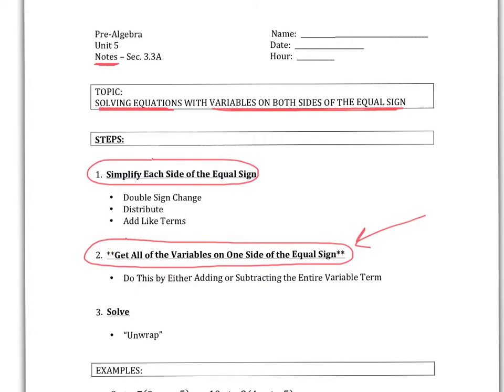By doing that, you end up removing the variables from one side, and therefore they all end up on the other side. I usually like to put the variables on the left-hand side of the equal sign.